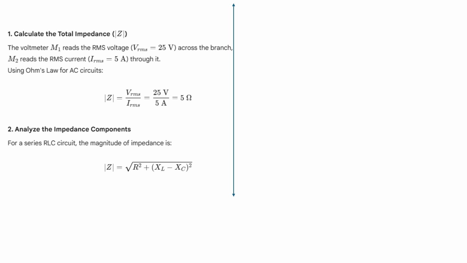Okay, let's see the more detailed calculation for this particular question. Step number one, here VRMS and IRMS are given, so you can find the impedance, that is 5 ohm. Now for any RLC circuit, how will you find the impedance? Z is equal to the square root of R squared plus XL minus XC whole square. R is given, that is 5.